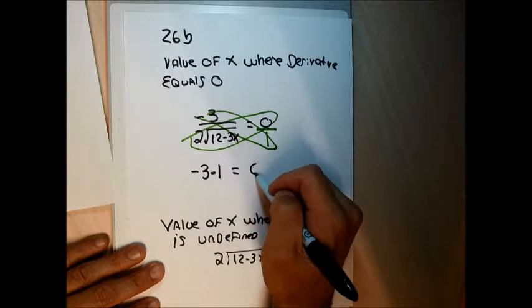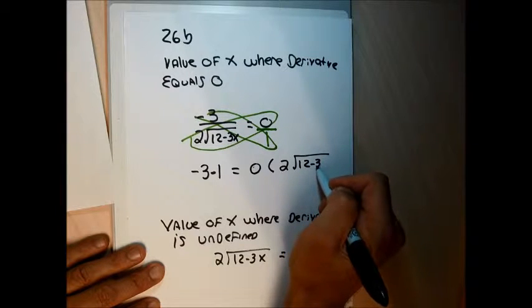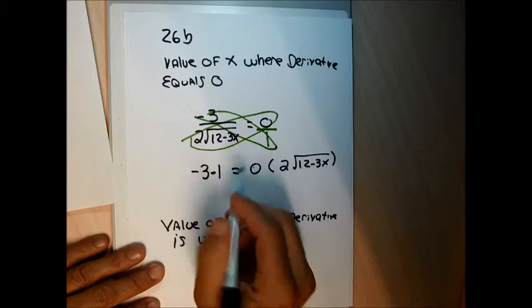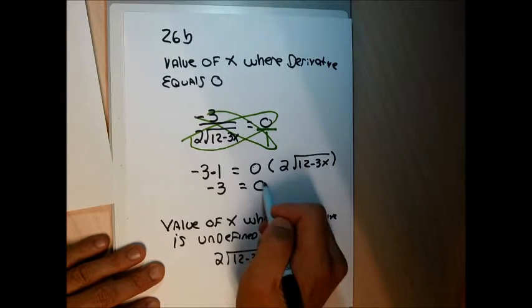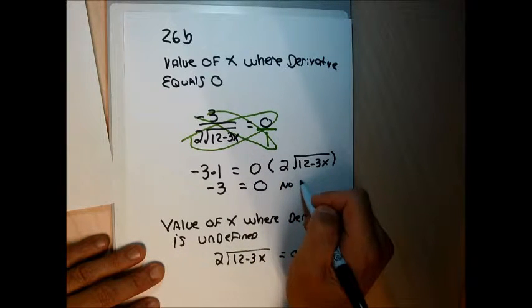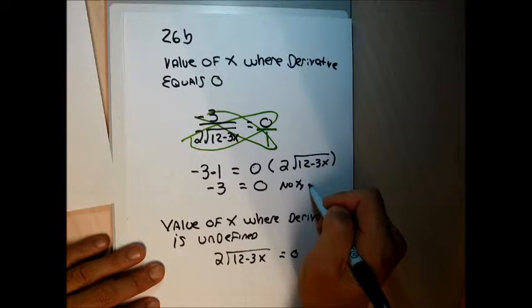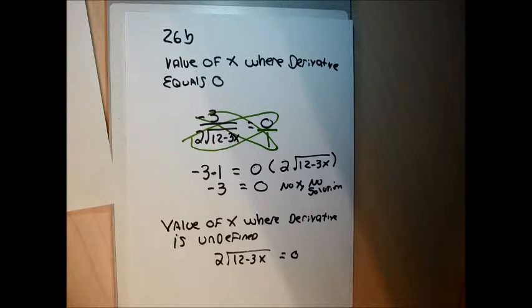Cross multiplying up, you get 0 times the quantity 2 times the square root of 12 minus 3x. On the right side, 0 times anything is 0, and on the left side, negative 3 times 1 is negative 3. The x's drop out. There's no x when I get to this step, so there's no solution to this problem. So there's no value of x where the derivative is equal to 0.